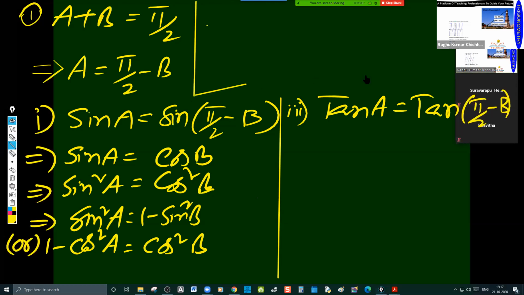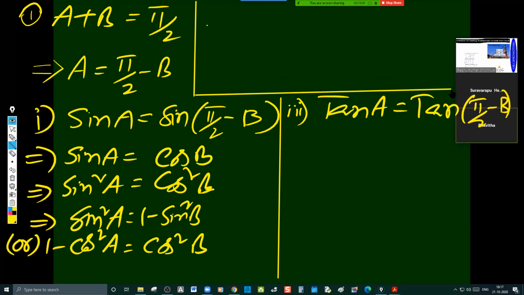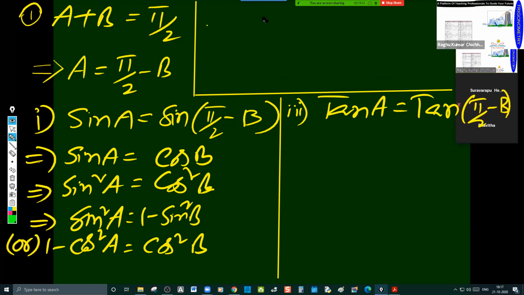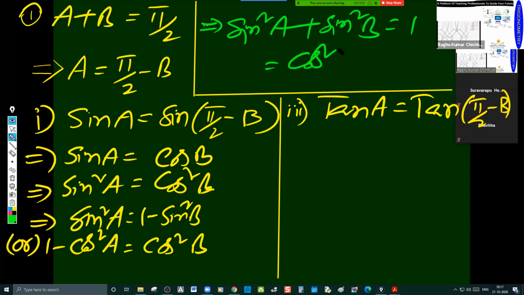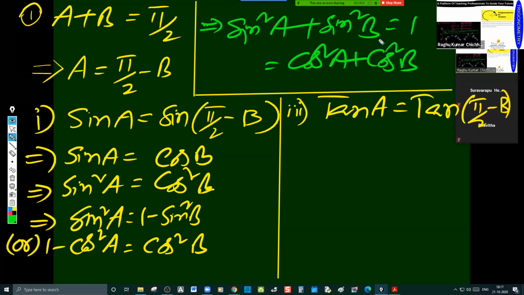Sin square a plus sin square b equals 1. Cos square a plus cos square b equals 1. So I can write it as sin square a plus sin square b is equal to 1 is equal to cos square a plus cos square b. So the first two results are proved here.